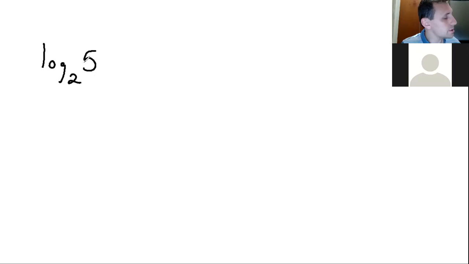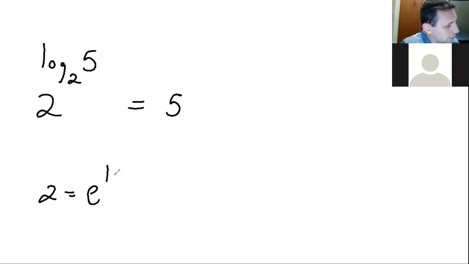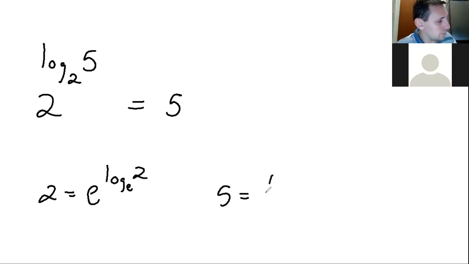What I can do is think of 2 to the log base 2 of 5 as equal to 5. I can also say that 2 is equal to e to the log base e of 2, and 5 is equal to e to the log base e of 5.